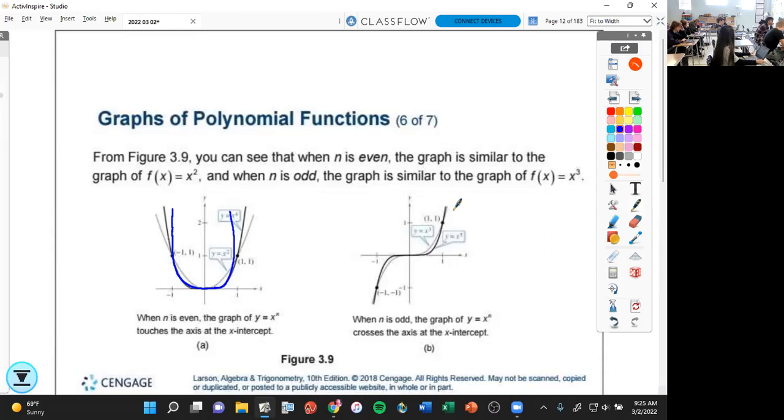It only touches the x-axis once. It's a straight pass through. This is not a horizontal line in the middle. An odd degree polynomial is always increasing. Yes, yes.